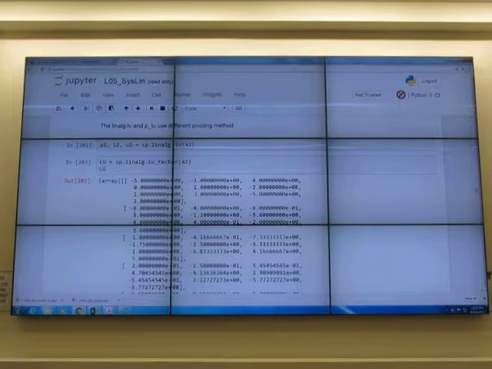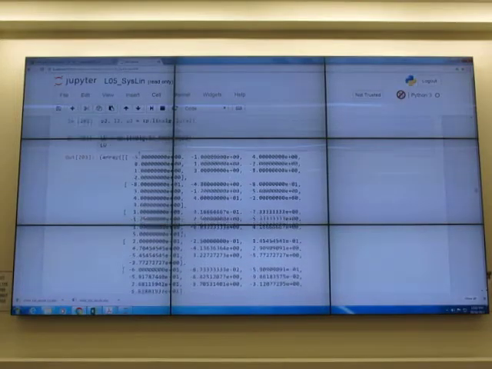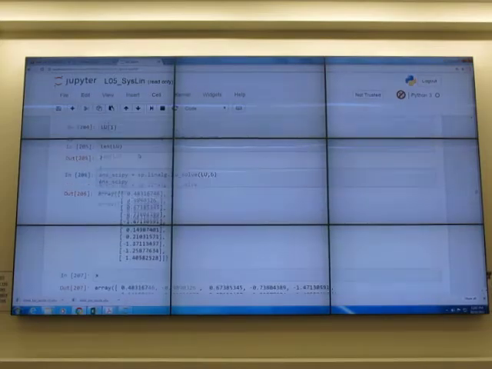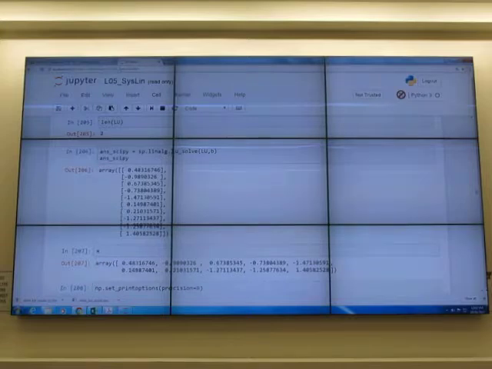So LU equals lu_factor. It puts L and U in the same array. If you want to solve it, you do lu_solve of LU, comma B. This LU is the matrix that is already decomposed.